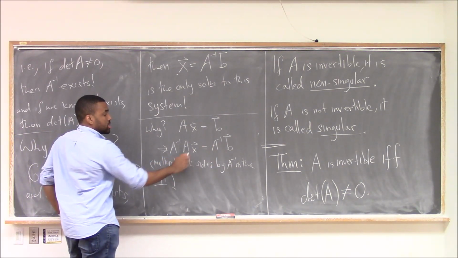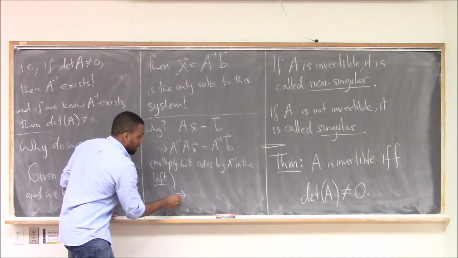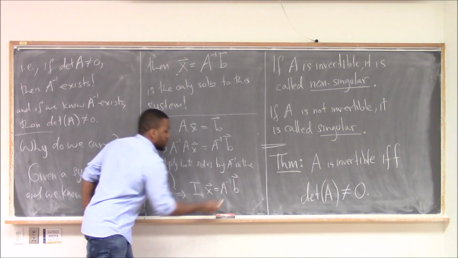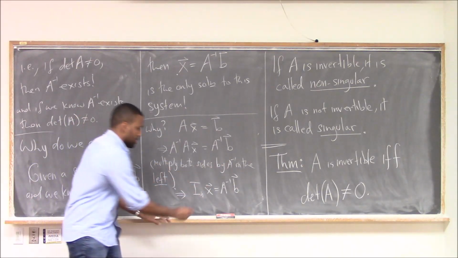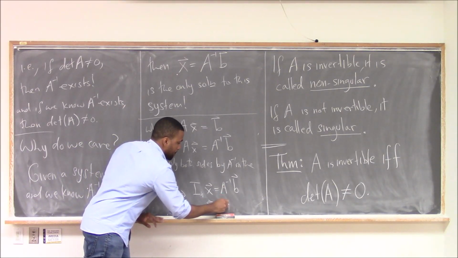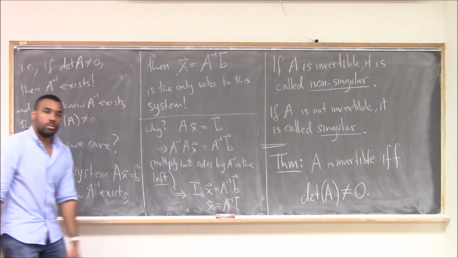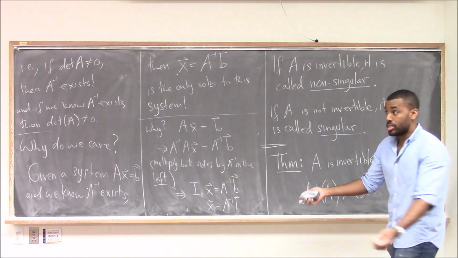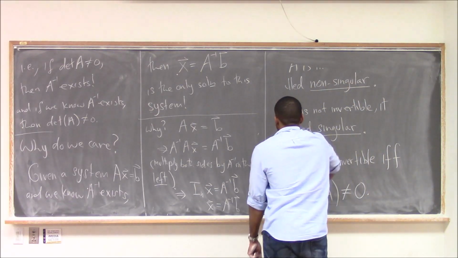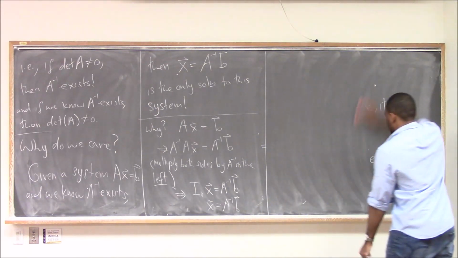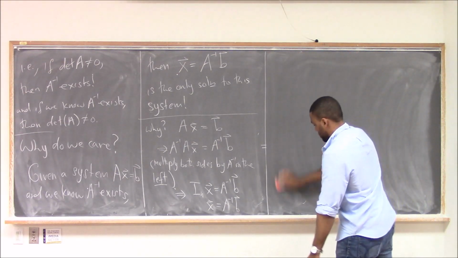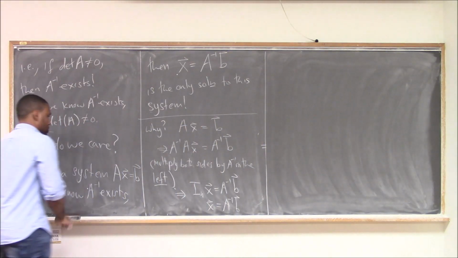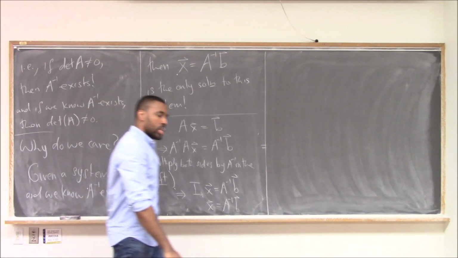But A inverse times A just gives you the identity, and the identity times X is just X. And so you end up with X has to be A inverse times B, assuming the inverse exists. And that will be the only solution. So that's why we care about finding inverses.